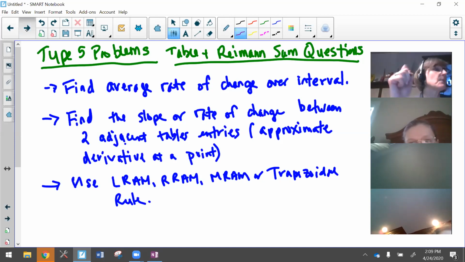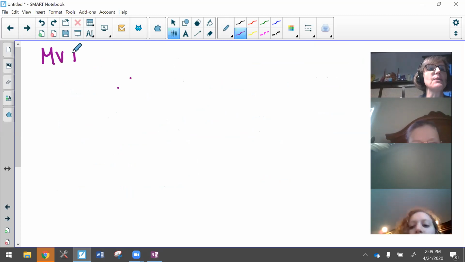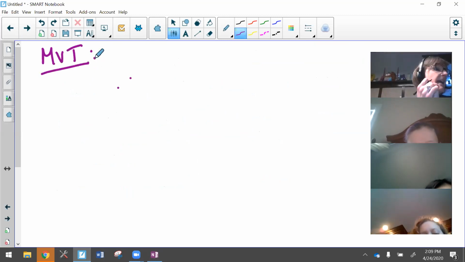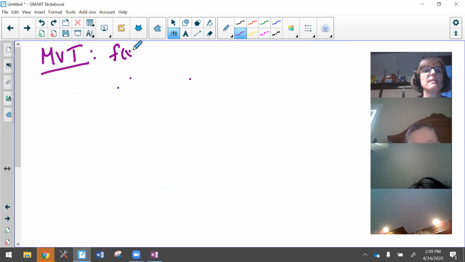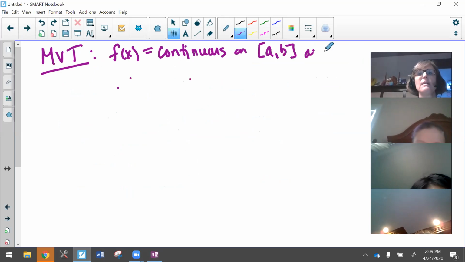Okay, so a couple other things that often go through here. We talked about average value. We talked about average rate of change. We've talked a bit about the mean value theorem, and that f of x has to be continuous on the closed interval and differentiable on the open interval.